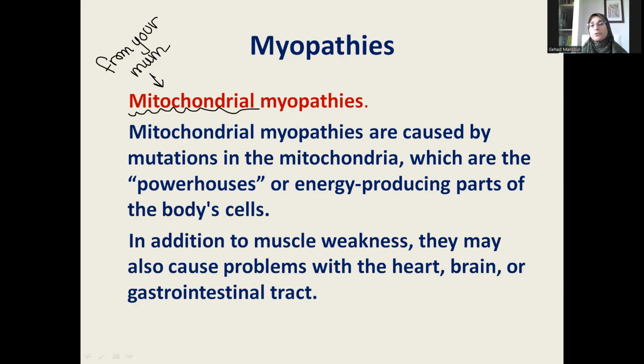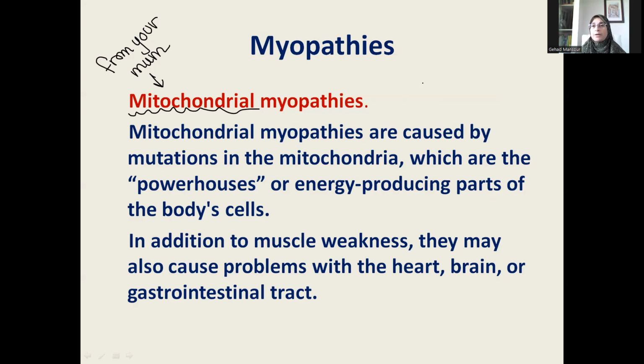Therefore the zygote, which is the future human being, contains mitochondria only from the egg of the mom, or the ovum of the mom. So any mitochondrial disease will be inherited from the mom only.